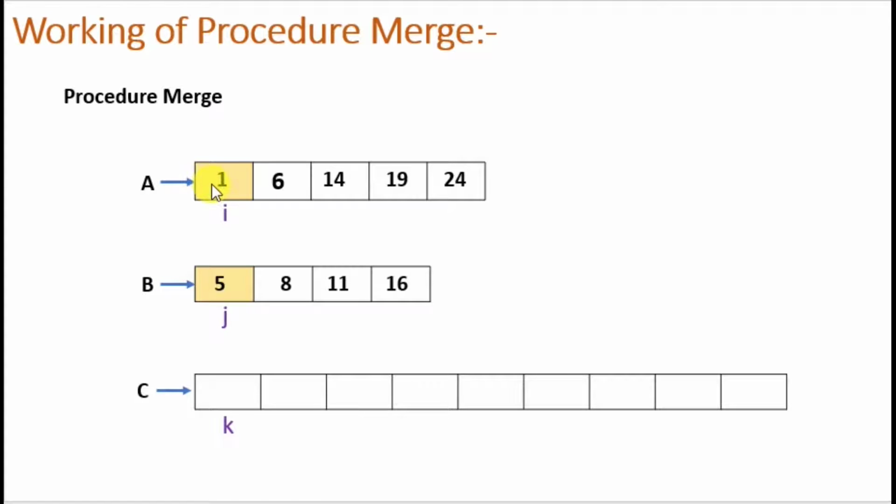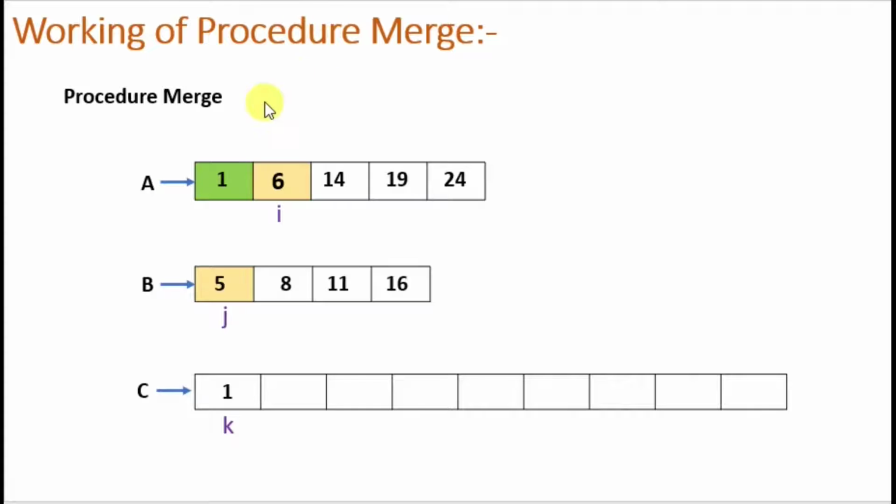Here A of I is less than B of J, so copy 1 from A to C and increment I. Now I have copied 1, which was smaller, from A to C and incremented I. Now I is pointing to the next element of A, and the element which we have copied, I am going to mark it with a green background, like 1 here.